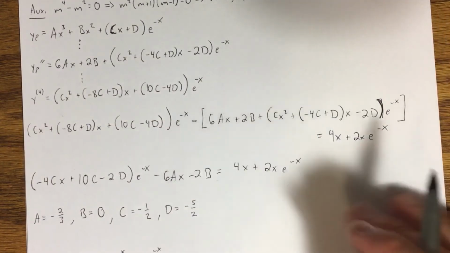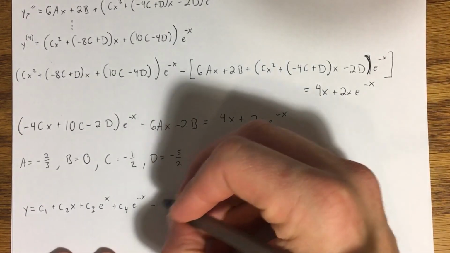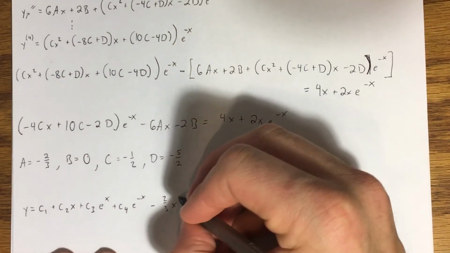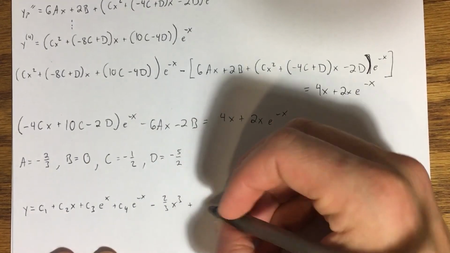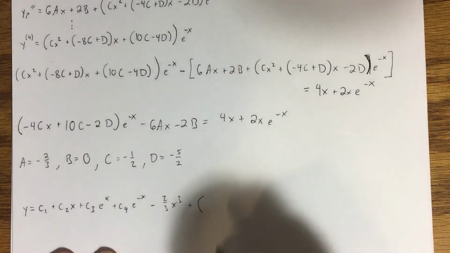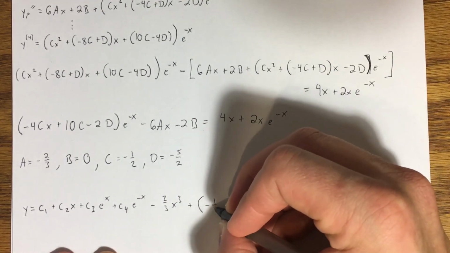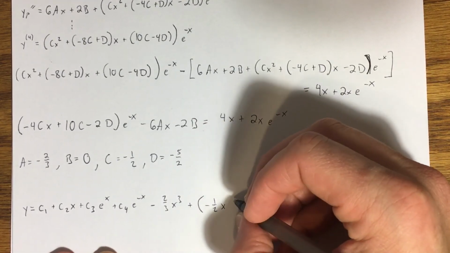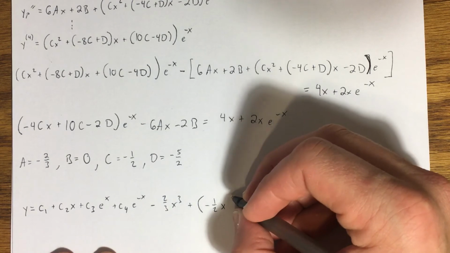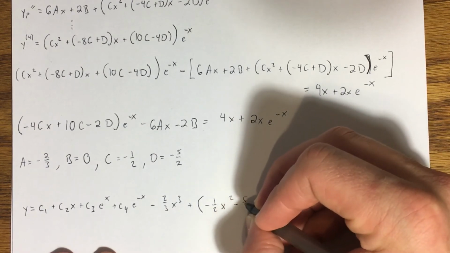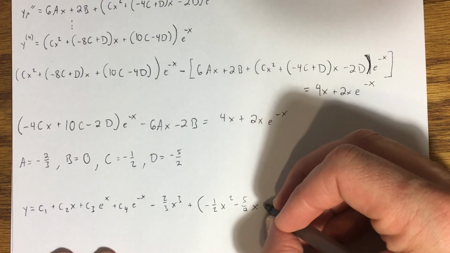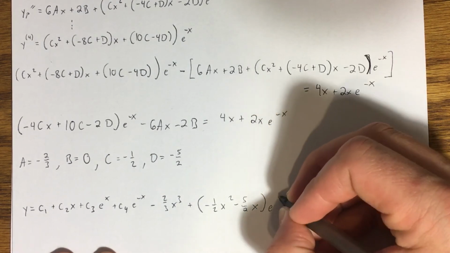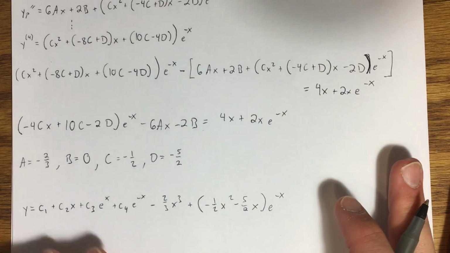So ax cubed is going to look like minus 2/3 x cubed, plus, using these coefficients here, negative 1/2 x squared minus 5/2 x e to the negative x. Okay.